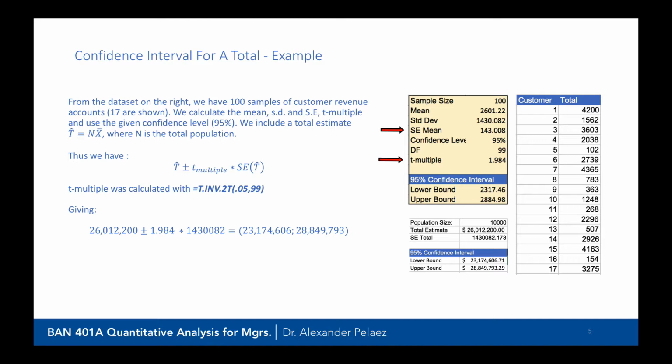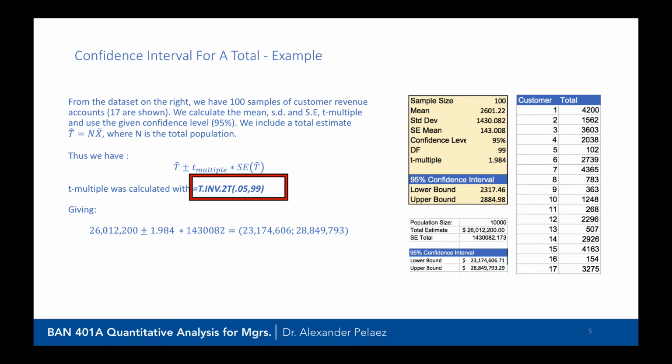And we include a total estimate, which is our T hat, equal to the total number of observations times our average sample, where N is the total population. So therefore, we have our T hat plus or minus the T multiple times the standard error of that T hat estimate.